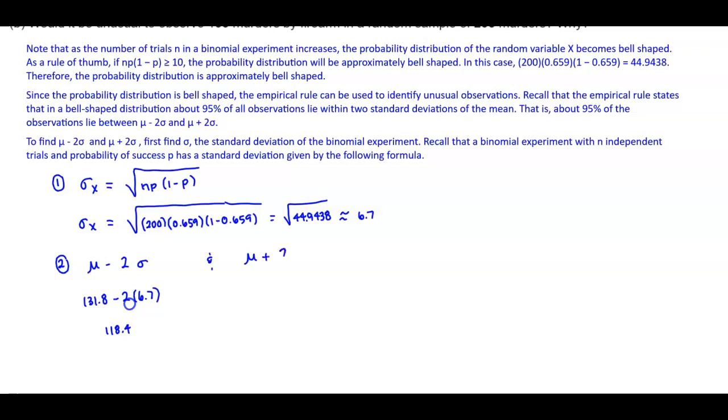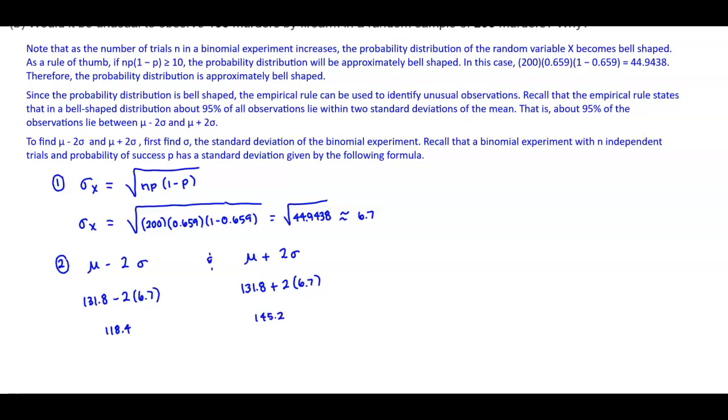Mu plus 2 times the standard deviation is 131.8 plus 2 times 6.7, which gives us 145.2.